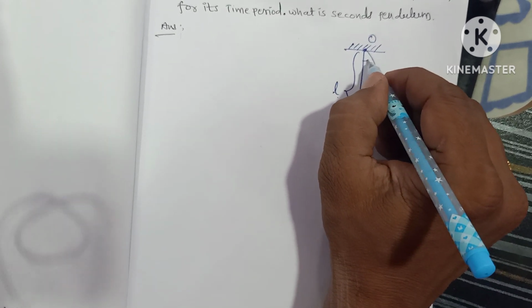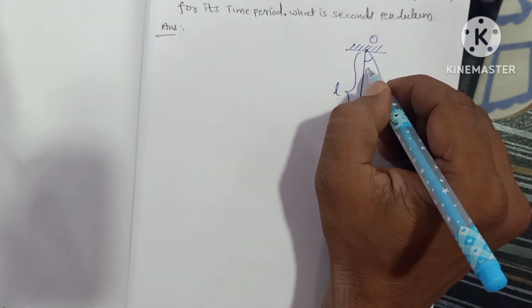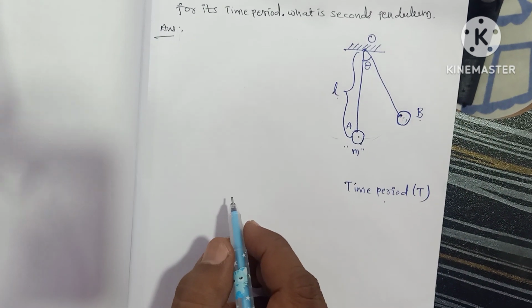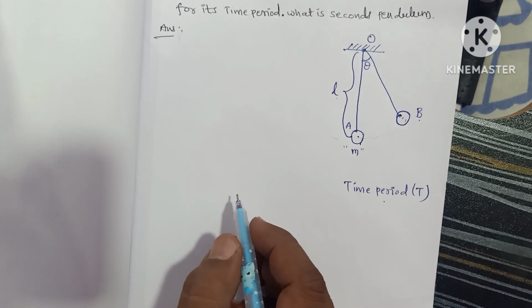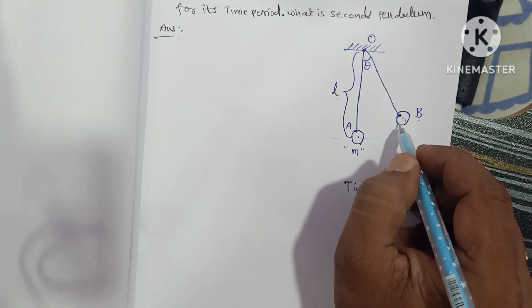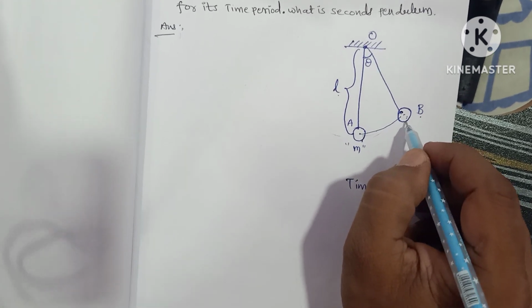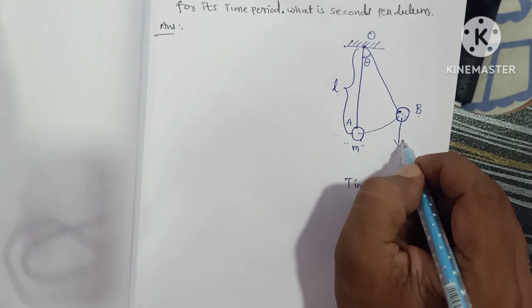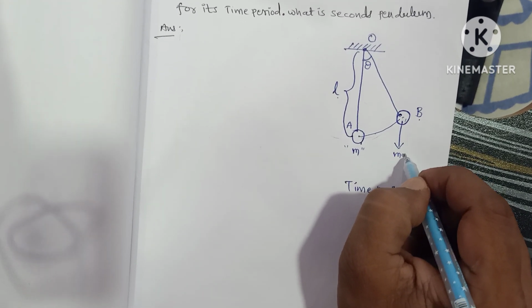At this particular moment, it is the displacement from its mean position, which we denote as theta. Okay, angle theta. Now the weight of this metal bob is divided into two components. Weight is nothing but mg, W is equal to mg.